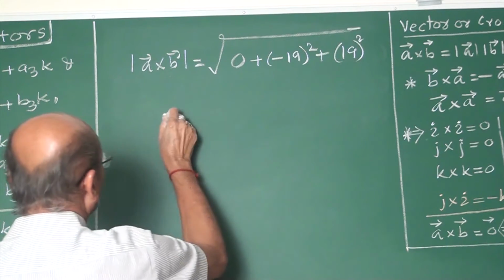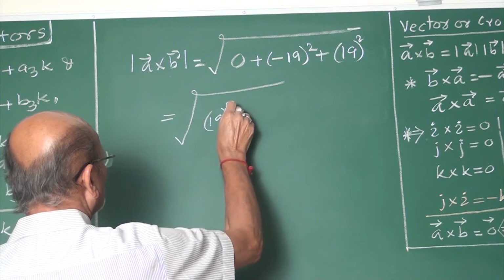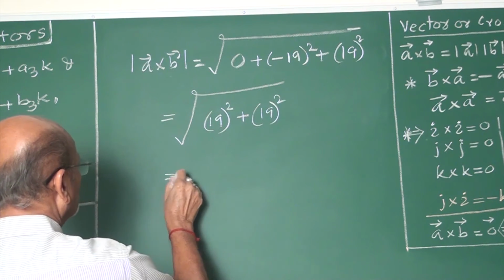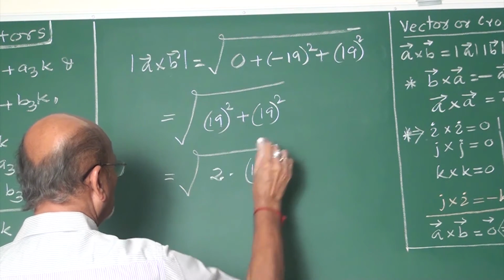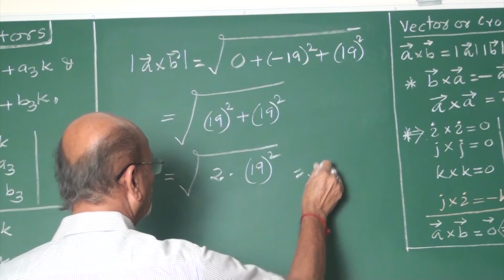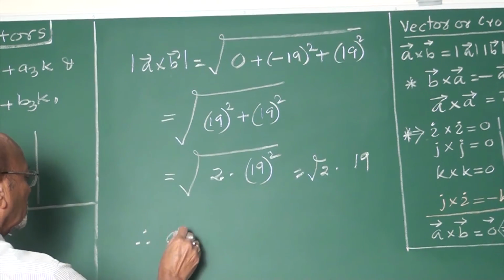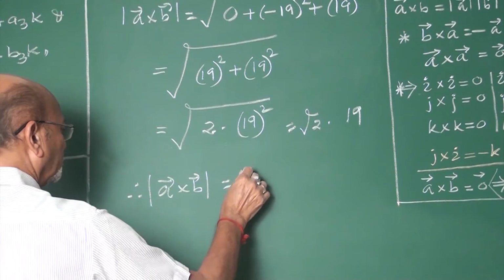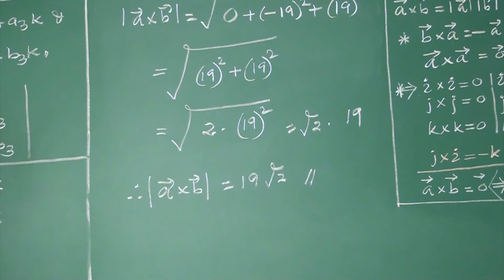Square root of minus 19 whole square is plus 19 whole square. Again plus 19 whole square, which is 2 times 19 whole square. It is root 2 into 19. Therefore, the magnitude of A cross B is 19 into root 2. 19 root 2 is the answer.